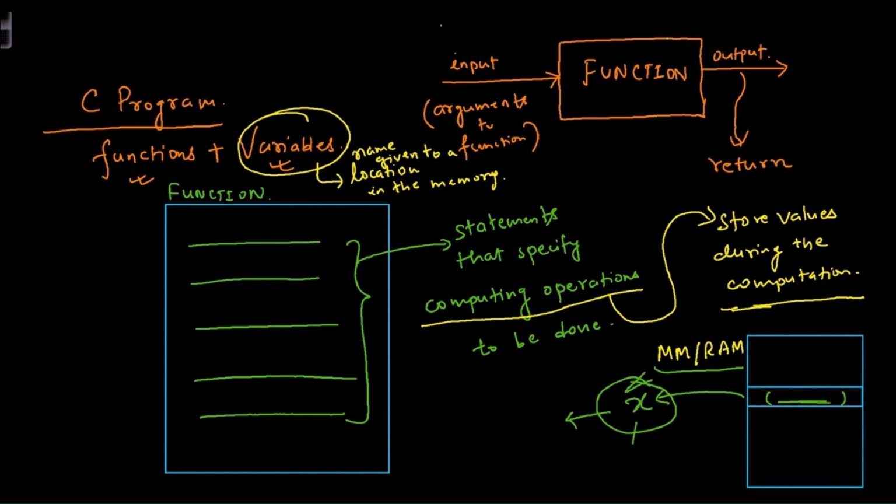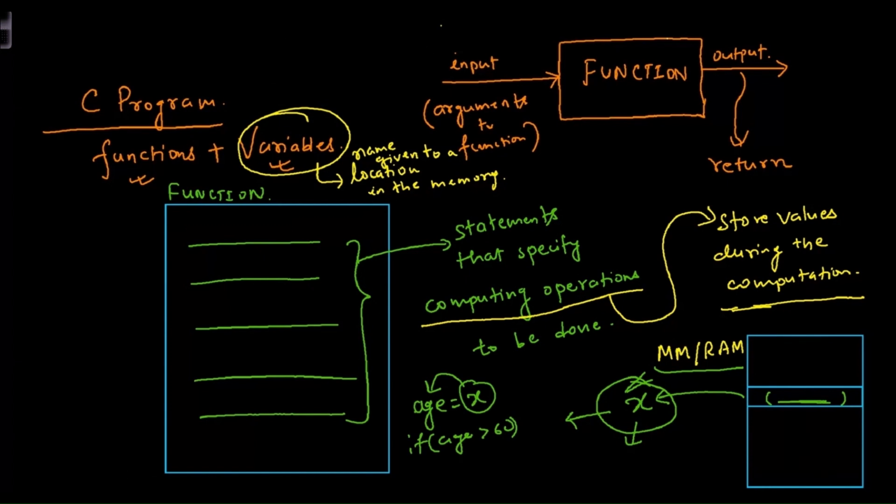Let's say this X represents the age of a person, and your function is checking if the person is of retirement age or not, and retirement age is 60. So it has to get the value of x in the age, and then it will check if age is greater than 60.